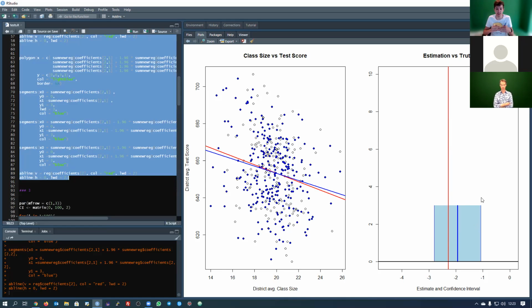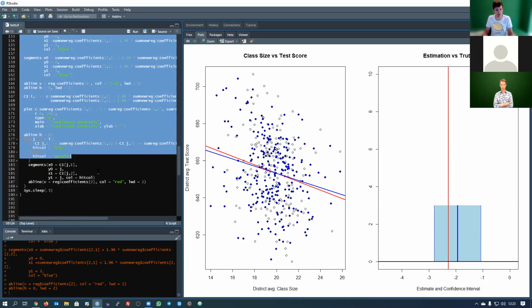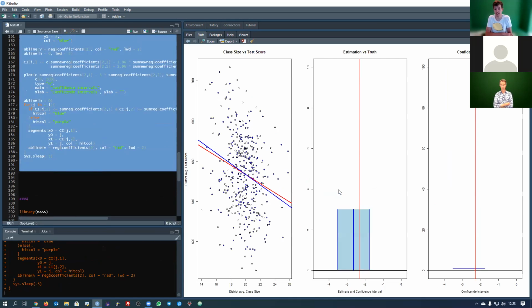If we now would do this again and again, so resample, compute the blue line, and from the blue line compute the confidence interval, we might end up with a plot that looks like this. We have changing values of our estimates, and of course changing confidence intervals.